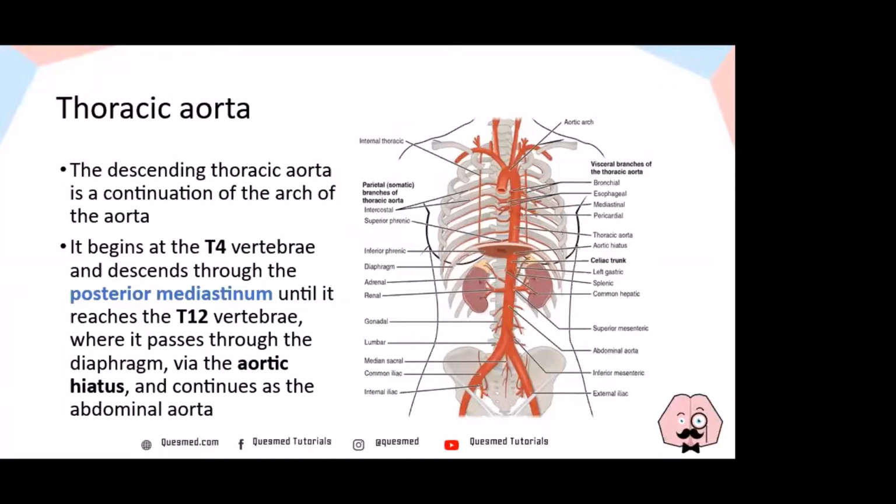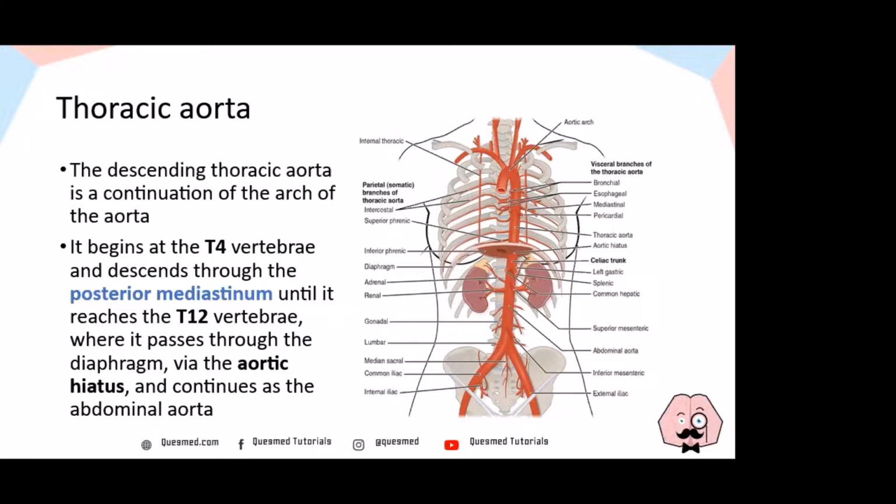So any dissection that's distal to that is considered a type B dissection, which is less high risk and it tends to be managed medically, so with blood pressure control. Anything that is proximal to the left subclavian artery is considered a type A dissection and is high risk and is normally managed with surgery.